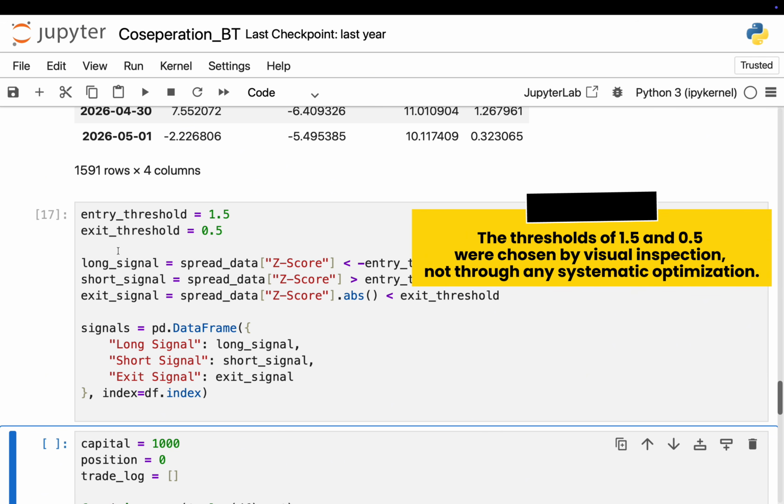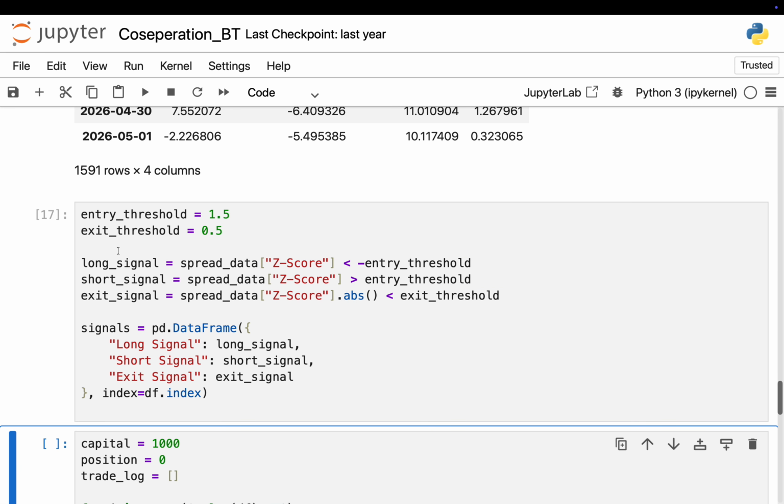Simplification, hard-coded thresholds. The thresholds of 1.5 and 0.5 were chosen by visual inspection of the z-score chart, not through any systematic optimization. A tighter entry threshold like 1.1 would fire more trades but on weaker signals. The spread is less dislocated when you enter, so there's less room for it to revert in your favor.